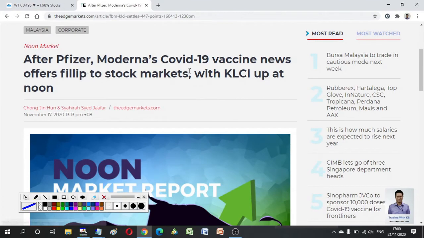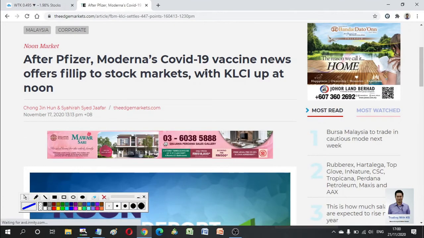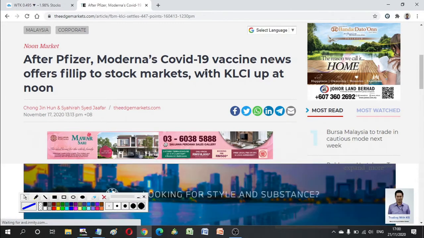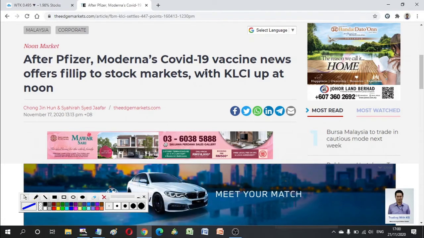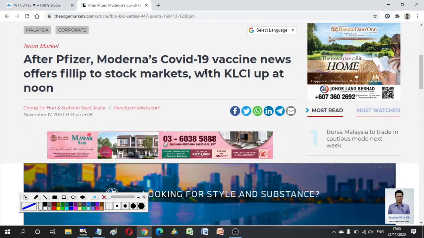The vaccine news actually pushed the KLSE up because of a lot of positive sentiment on the industries that have been poorly affected, dire affected by COVID, such as the airline and the oil and gas.